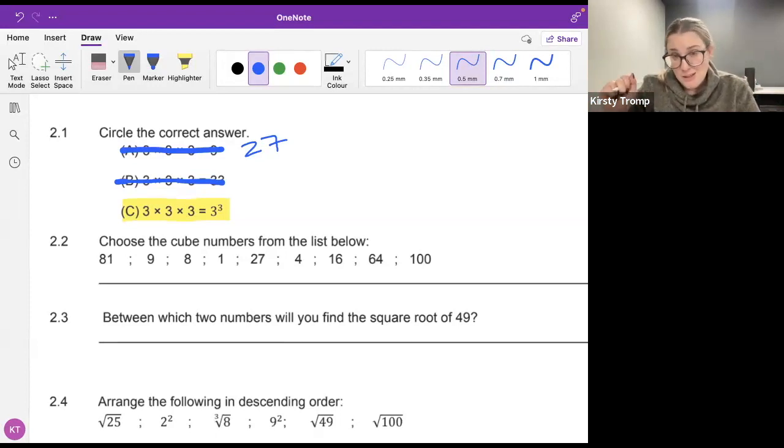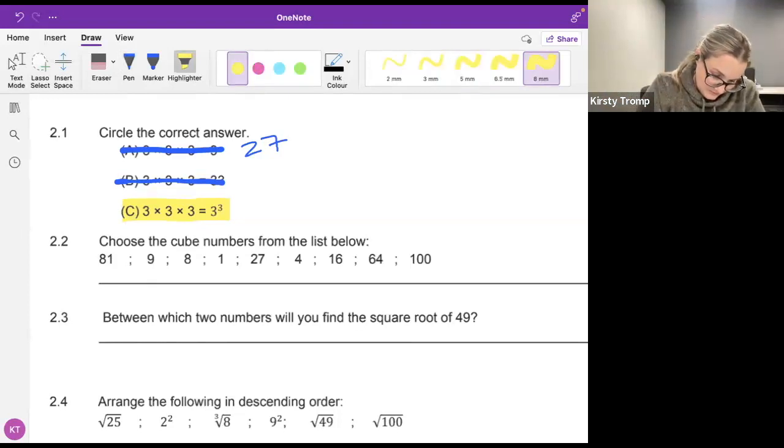Who wants to help me with this one? Who's going to raise their hand and help me out for cube numbers? All right, let's go, Mulalo. Are you able to help me with cube numbers? Ma'am, I said 9.